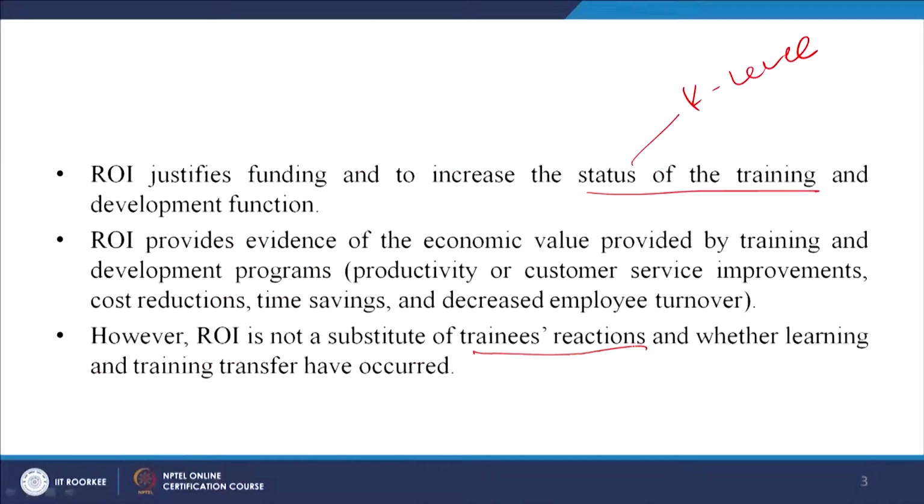However, ROI is not a substitute for trainees' reactions and whether learning and training transfer have occurred. Sometimes it is possible that your ROI is very high, but the trainees' reactions may not be positive, or the learning and training transfer is very high, but the cost is not saved.